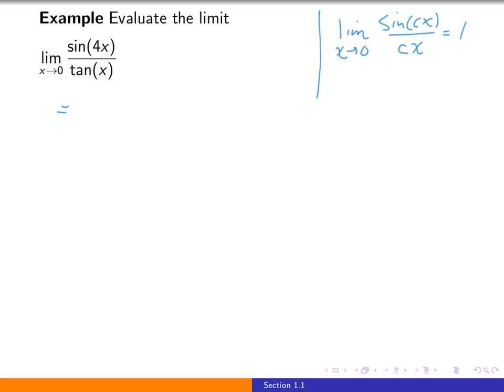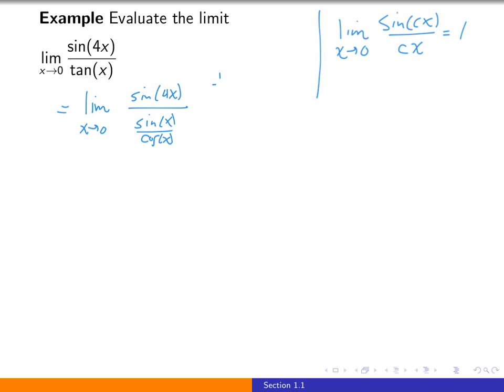But what I can do is rewrite tangent as sine over cosine. So this will become the limit as x approaches 0 of sine 4x divided by sine x over cosine x. And let's go ahead and add in the x in the denominators that we would like to see there so that we can work towards this special trigonometric limit.